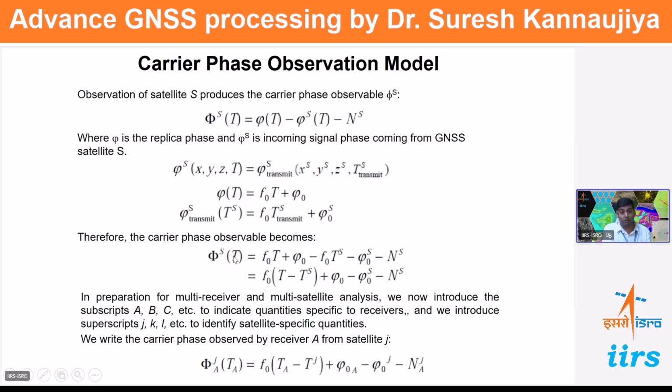When we develop this, this is the carrier phase observable. You can see here the time difference, the phase difference, and the ambiguity. We need to expand this equation for a whole constellation, so this is how we can expand. Here we need to put subscripts and superscripts: the subscript is for the receiver, and the superscript is for the specific satellite. So this is the fundamental equation for model development.